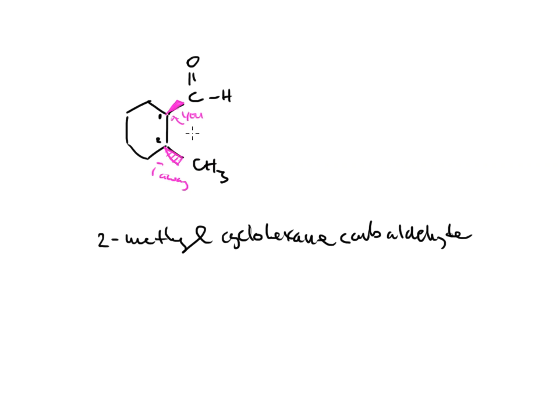So if they're pointed in opposite directions, they want me to include that stereochemistry in the name, and I can do that simply by putting the word cis or trans in front of the name here. And this is trans because they are in opposite directions. The cis would be on the same side. So in other words, if both of those were solid wedges, or if both of those were dashed wedges, then this is the cis form of that particular type of molecule.